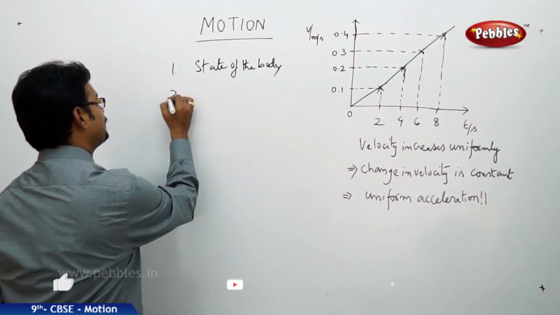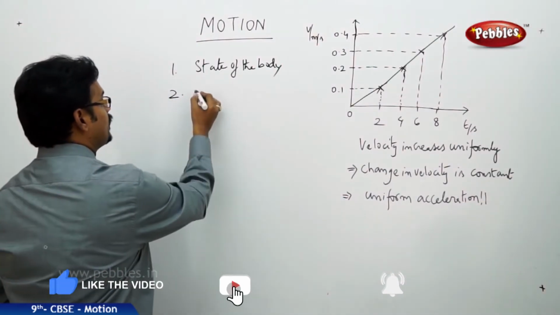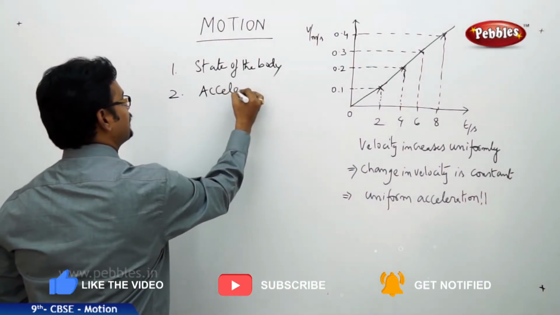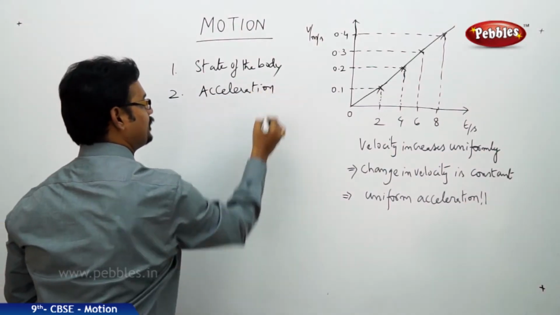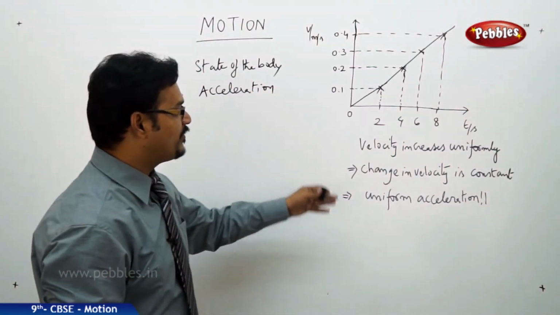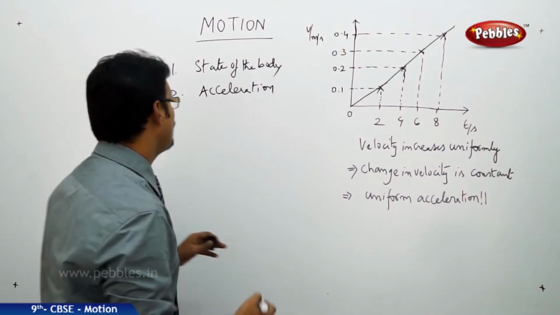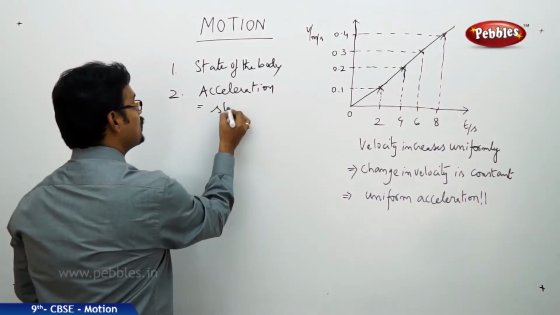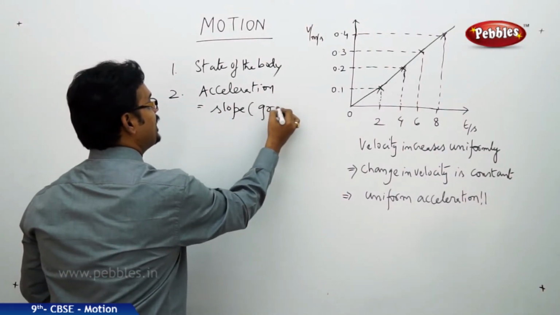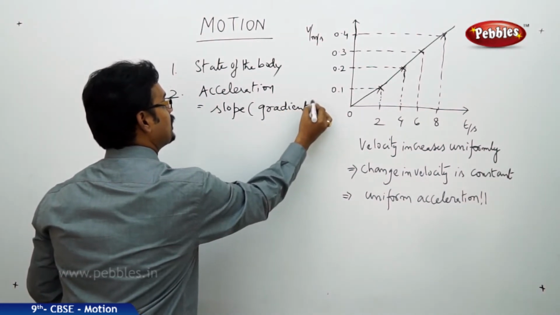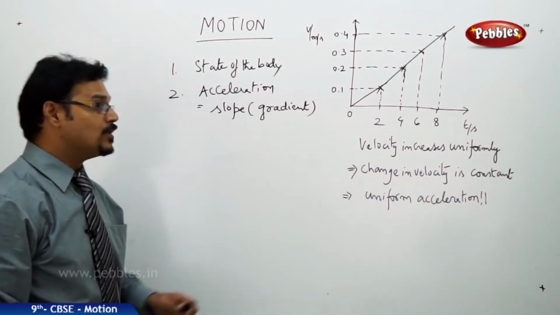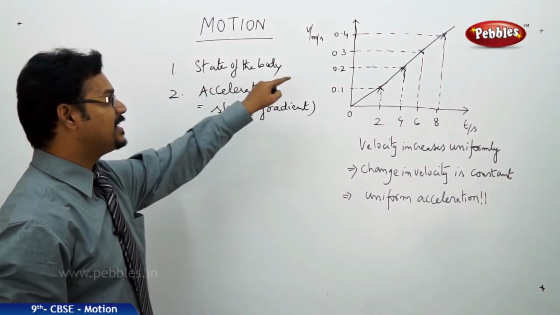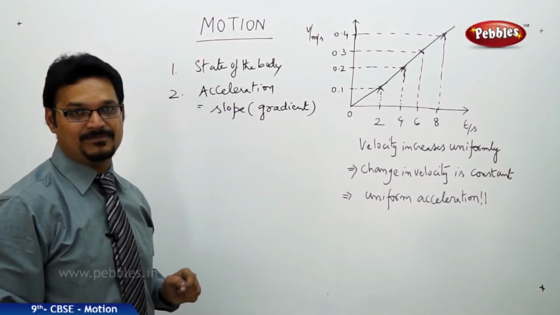Now second, it gives acceleration. And I told you, we are going to find acceleration of this graph. It is possible by taking slope or gradient of the graph. So slope or gradient of the VT graph gives acceleration.